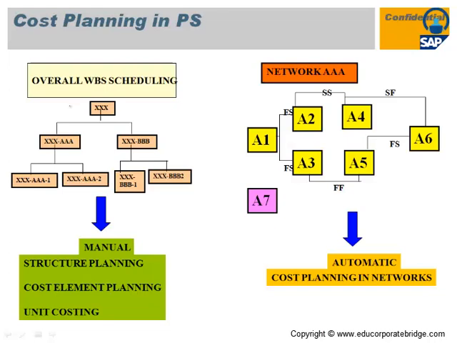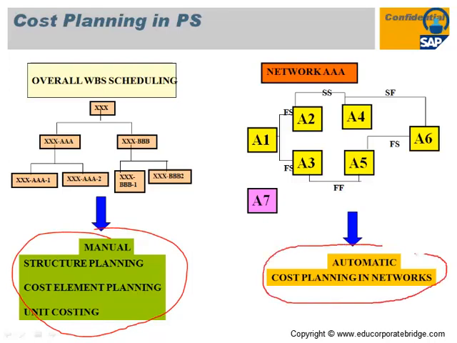For WBS level, it is manual cost planning, cost element based planning, or unit cost planning. At the network and activity level, it is called automatic cost planning in a network. According to the requirement of your industry or the business scenario, you have to map the particular cost planning for that industry.